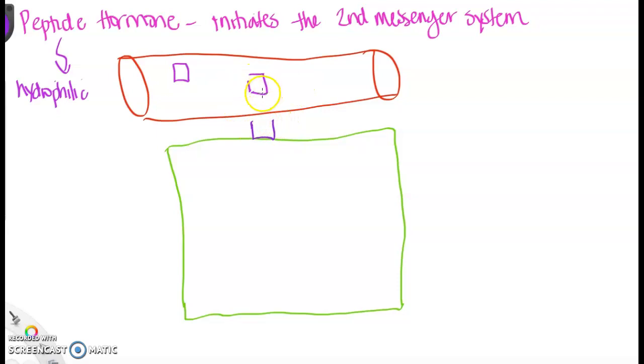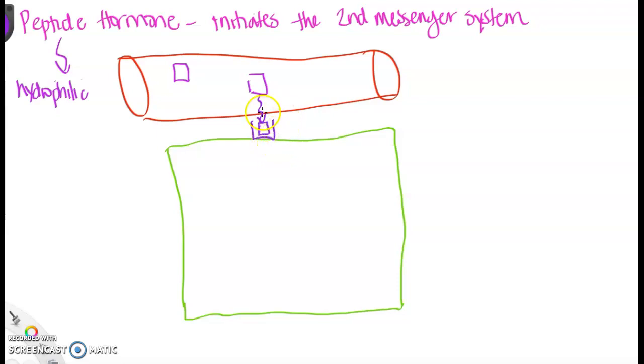Again, the hormone cannot go into the cell, get through that plasma membrane. So it comes over and it will bind to this receptor on the membrane. And since the hormone, even in the receptor, can't get into the cell, it has to give its message to something else and let it interpret it, get it into the cell.